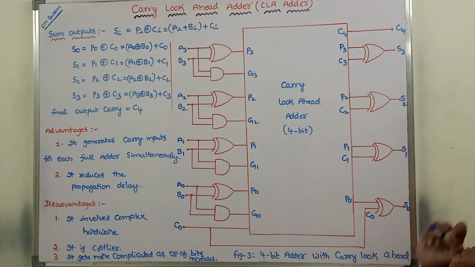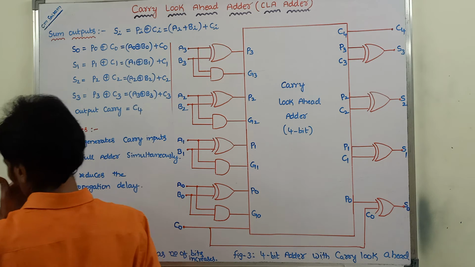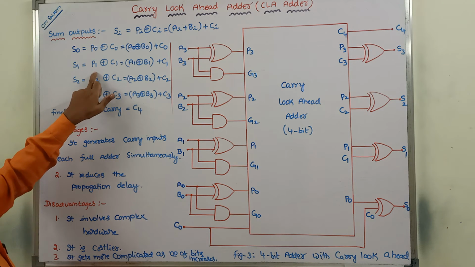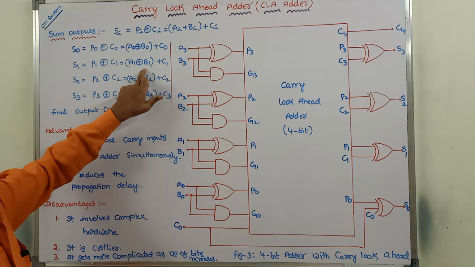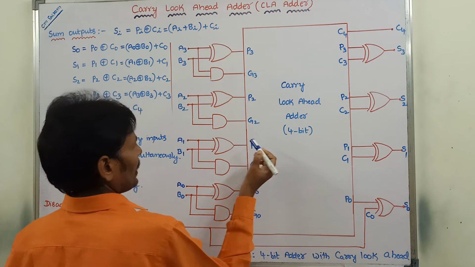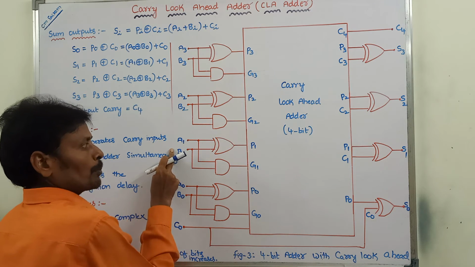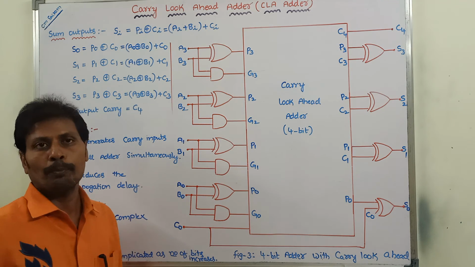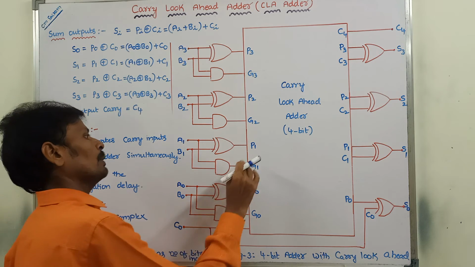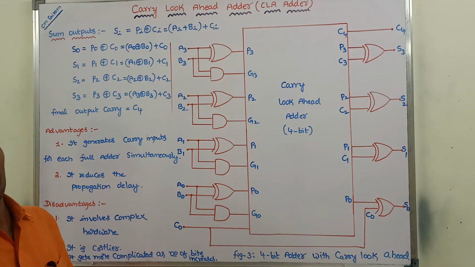Next, how to find out the P1 value? P1 is nothing but A1 exclusive OR B1. So this is the P1. A1 and B1 inputs are applied to a two input exclusive OR gate. Then we are getting the output P1 is equal to A1 exclusive OR B1.